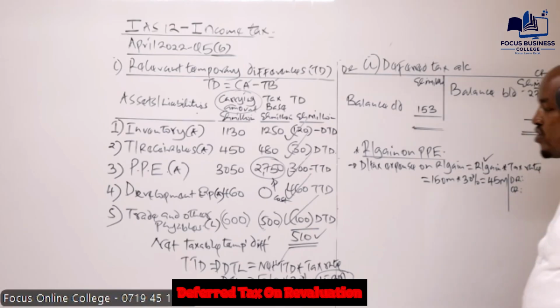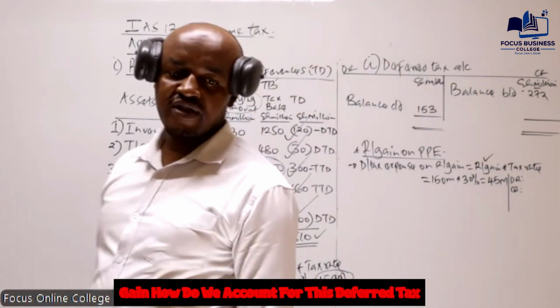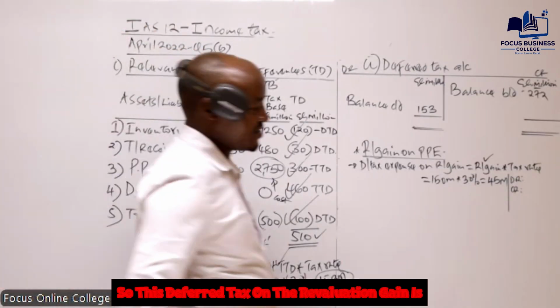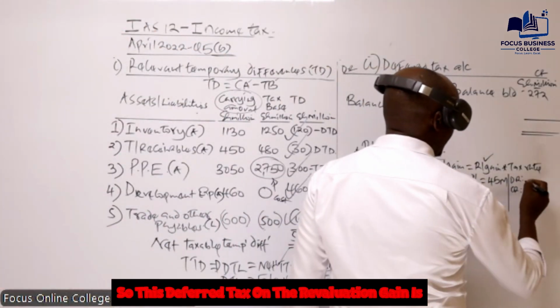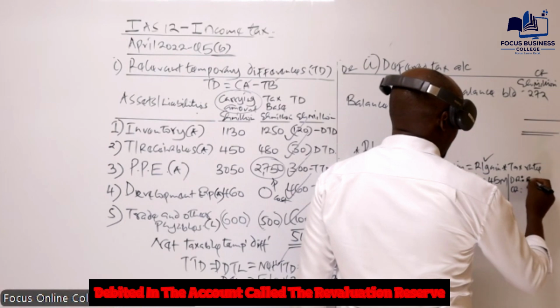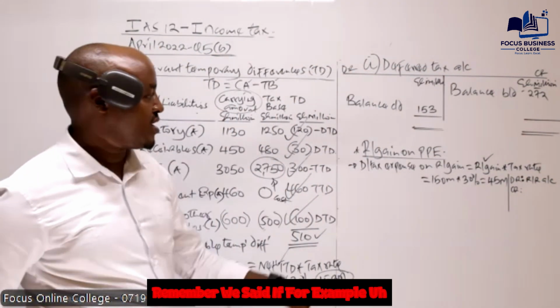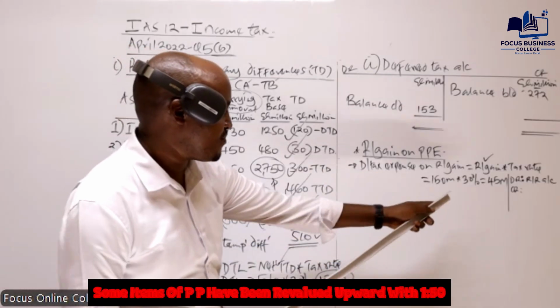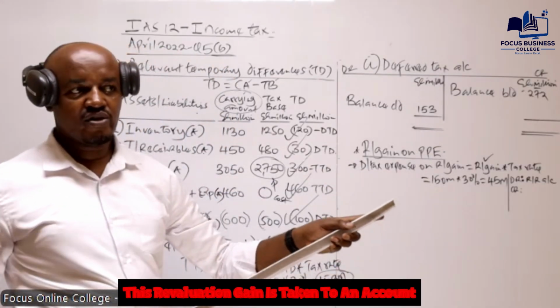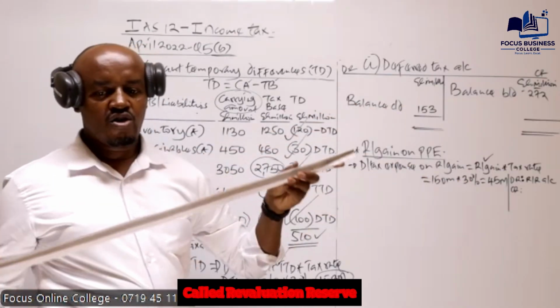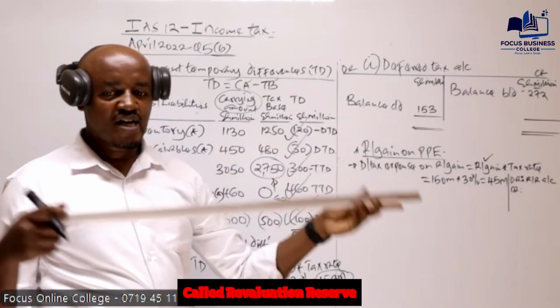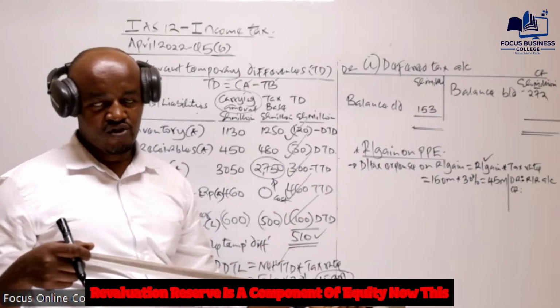Now, how do we account for this deferred tax on revaluation gain? This deferred tax is debited in the account called the revaluation reserve. Remember, if some items of PPE have been revalued upward with 150, this revaluation gain is taken to an account called revaluation reserve, which is a component of equity.